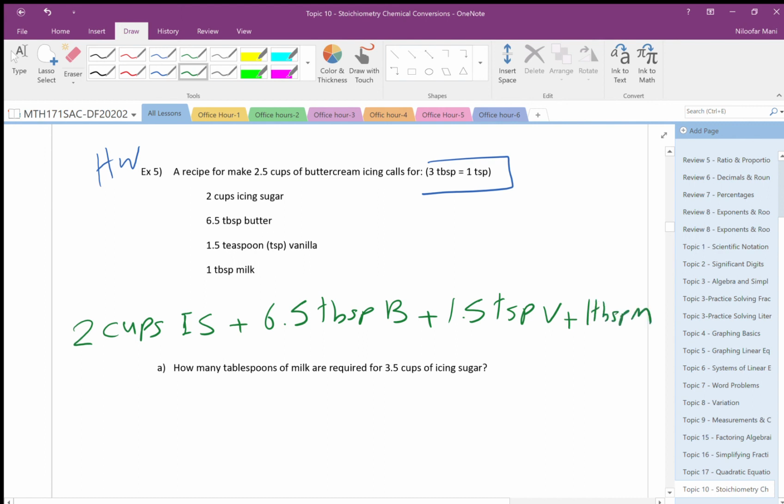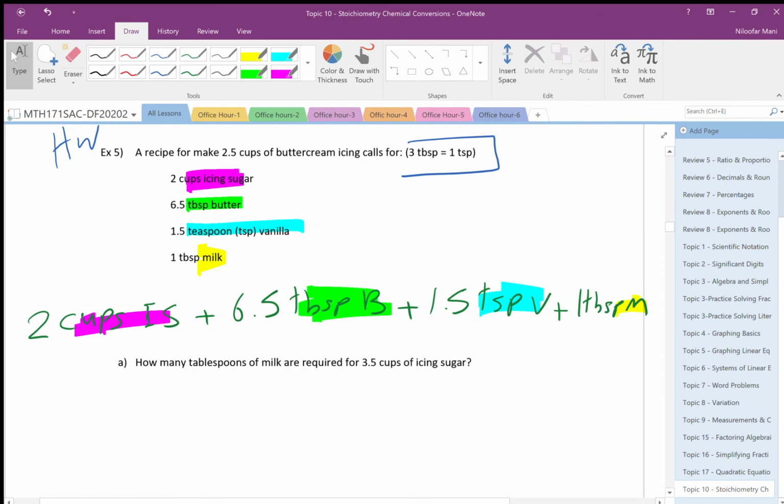Here milk and milk, this and this. Okay, so this makes what? This makes equal 2.5 cups of buttercream icing. Okay, that's buttercream icing, and that's that. And yes, I can use that.